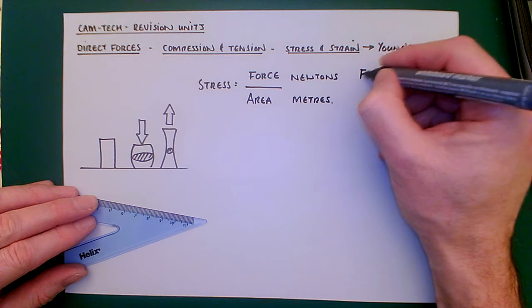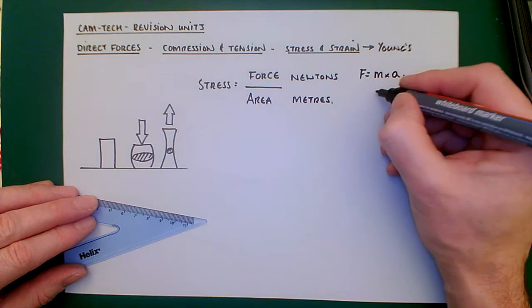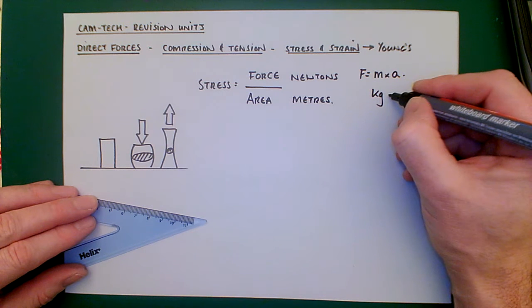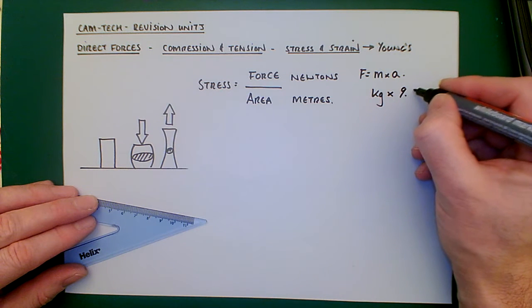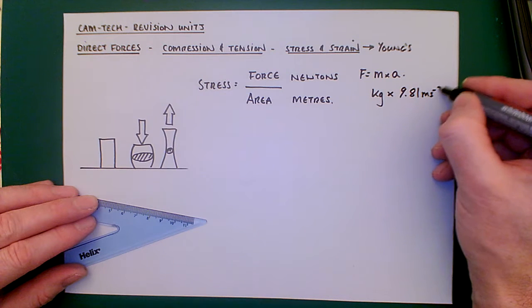Force being mass times acceleration. The mass is in kilograms and the acceleration due to gravity 9.81 meters per second.